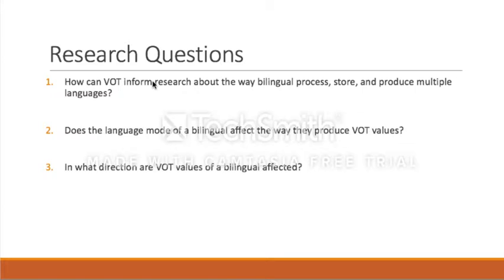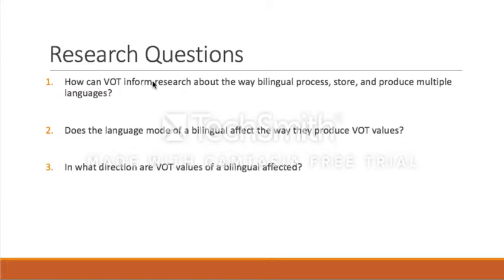So the first research question is, how can VOT inform research about the way bilinguals process, store, and produce multiple languages? So we know that the bilingual is storing two or more languages in their brain, and along with languages they have lexical space, phonological space, a multitude of processes that are going on.